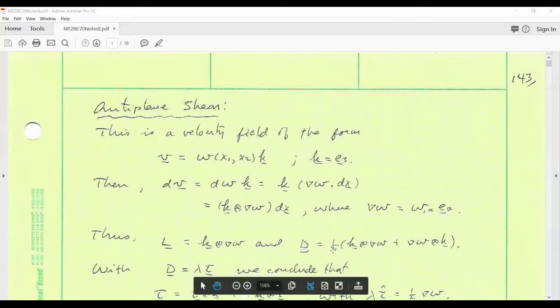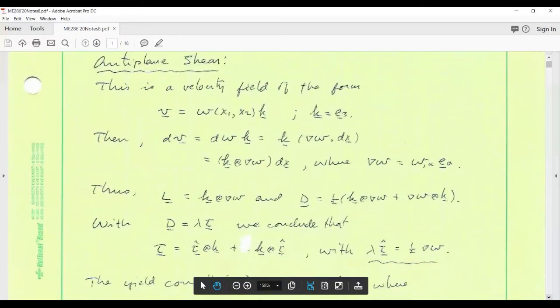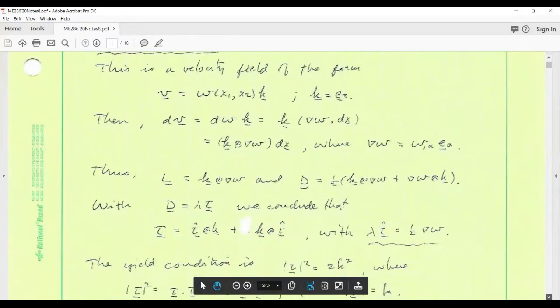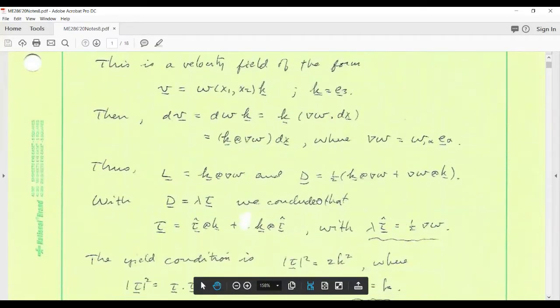We need its symmetric part in the flow rule, the rate of deformation tensor, a half of k tensor product grad w plus grad w tensor product k. Here's the flow rule again for the rigid, perfectly plastic material. Still we're in the domain of isotropy. Towards the end of the course, we'll revisit this and talk about crystal symmetry.